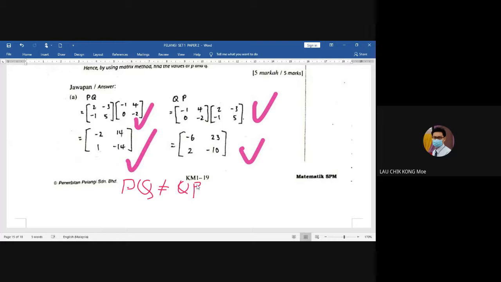Because not all the elements are... Actually, all the elements are not the same. All elements are not corresponding.